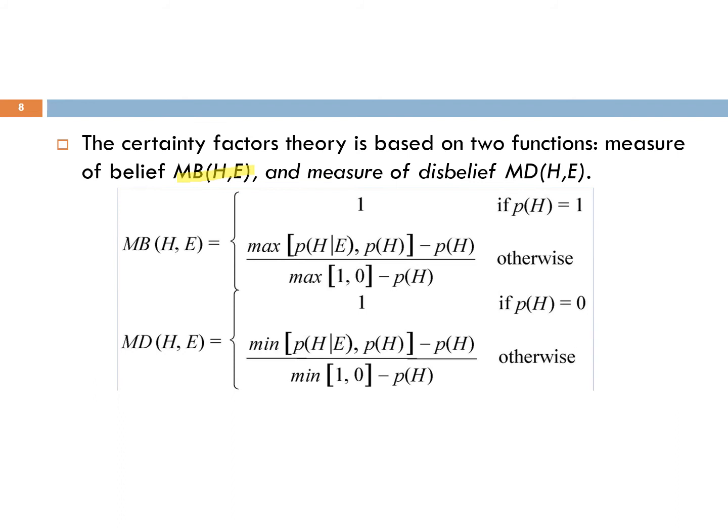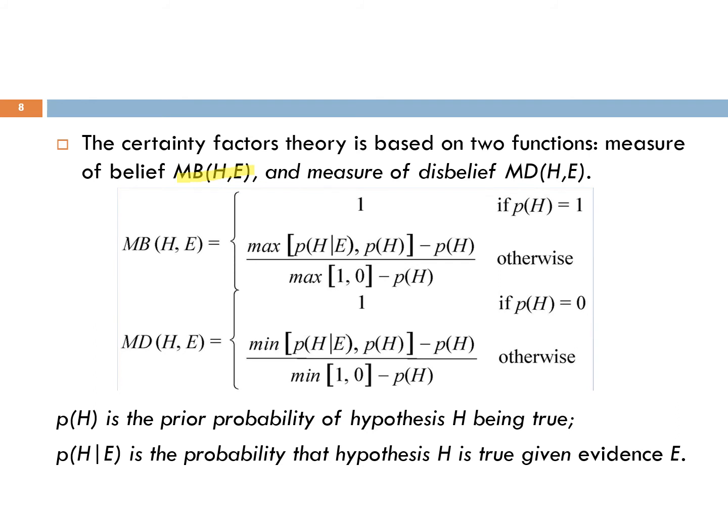This is for the measure of belief. If P(H), the probability of hypothesis, is equal to 0, then the measure of disbelief is 1. And this is for the rest of it. We are going to look into an example later on.